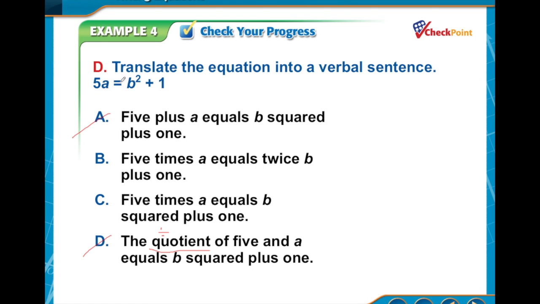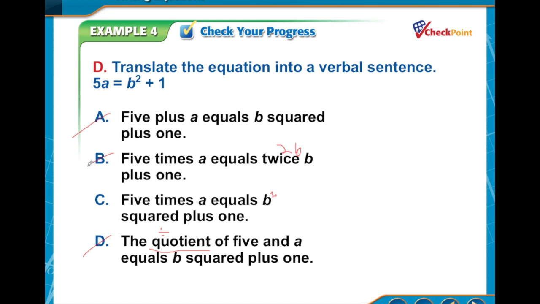Equals B squared. This one says twice B. Twice something is 2 times something, or 2B. B squared, we know, well, that's B to the second power. So looking at what's given in our problem, we don't have 2B, but we have B squared.